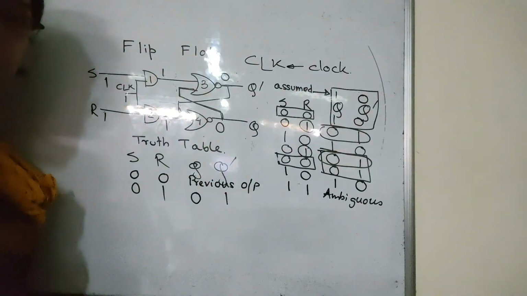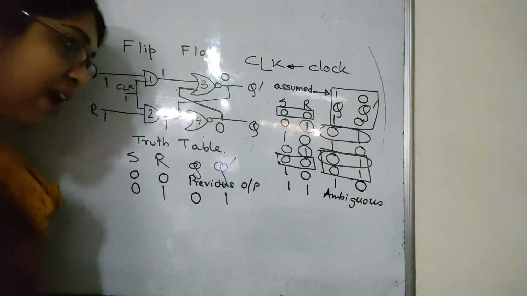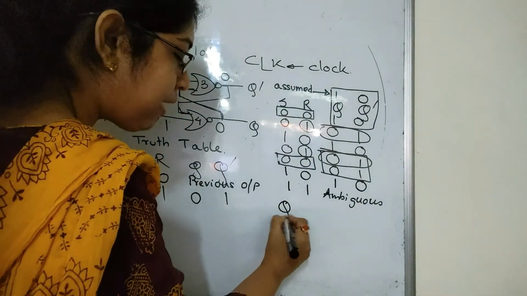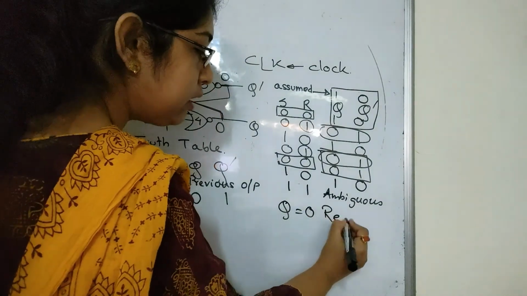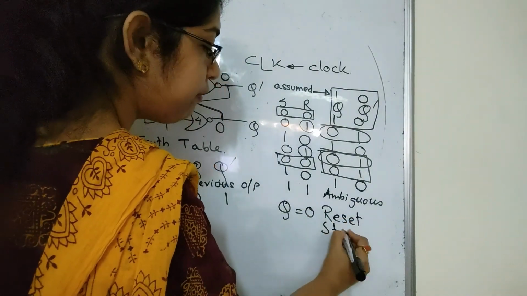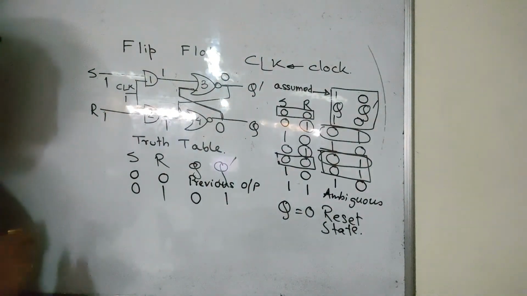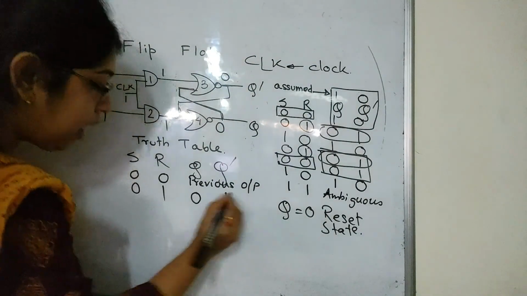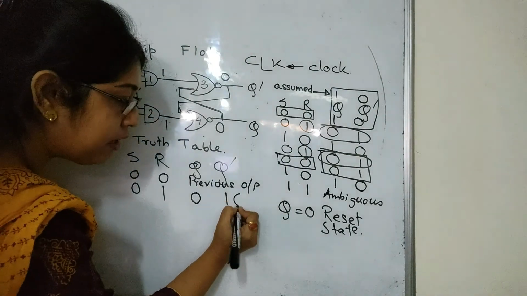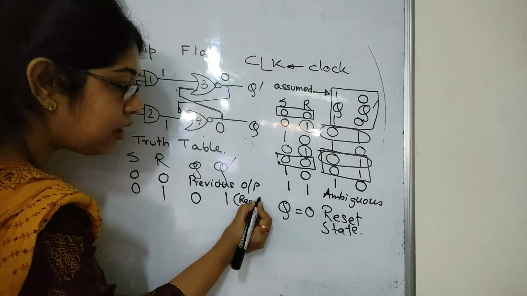And whenever in a flip-flop Q value is 0, this is called the reset state of the flip-flop. So, S0 R1 gives you the reset state of the flip-flop.